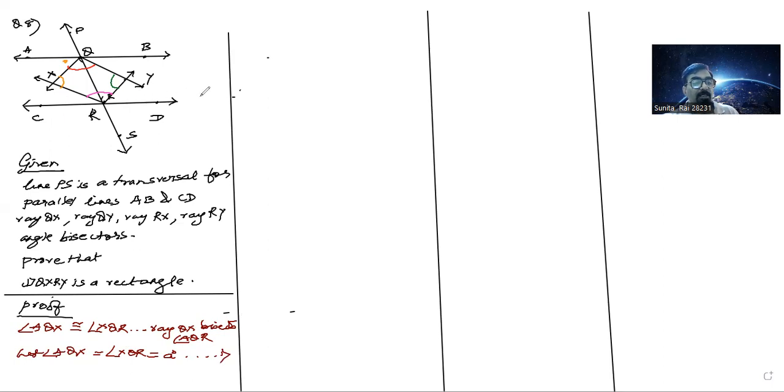Got it? Similarly, dear, look at angle BQY, children, and angle YQR. Angle BQY is congruent to angle YQR. Reason: ray QY bisects angle BQR.